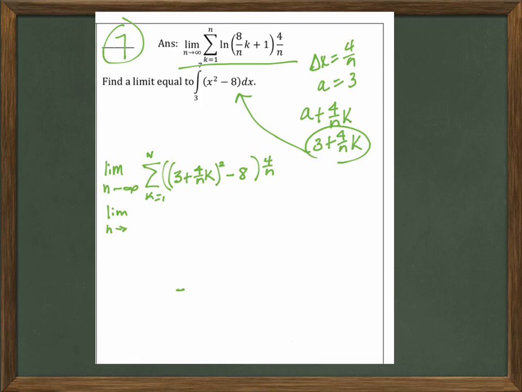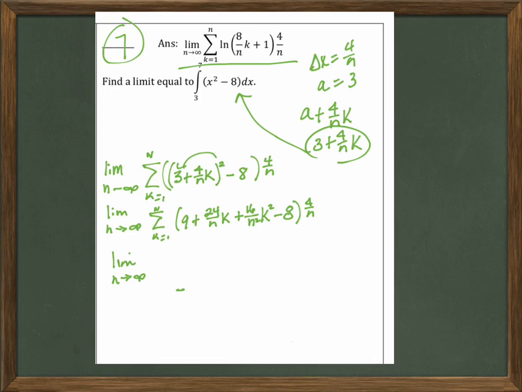And they're going to make us do this out to find the right answer. N goes to infinity of k equals 1 to n of, okay, let's FOIL this. That would be 9 plus 12 and 12, so 24 over nk, plus 16 over n squared k squared. And then we take away 8 and multiply that by 4 over n. So one more simplification step here.